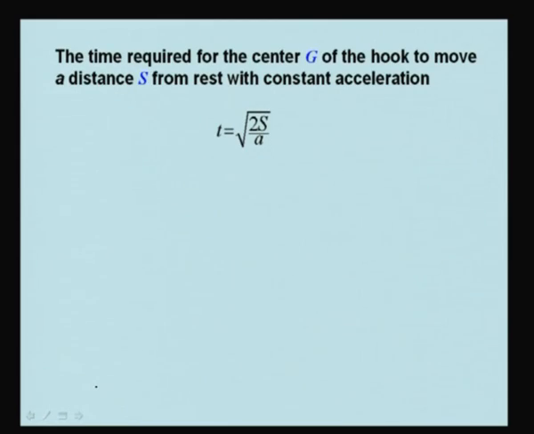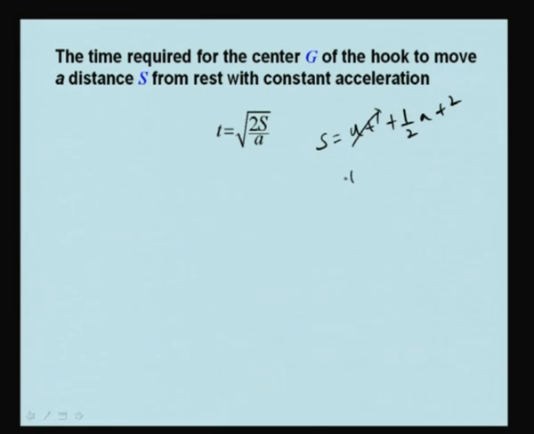Now the time required for the center G of the hoop to move a distance s from rest with constant acceleration can be found by t is equal to under root 2s by a. This is the simple formula s is equal to ut plus half a t square, where u is 0.